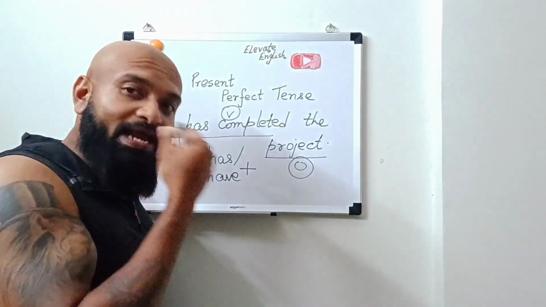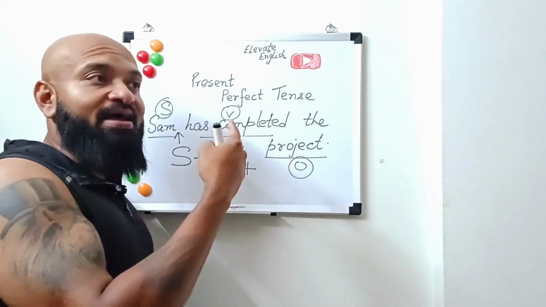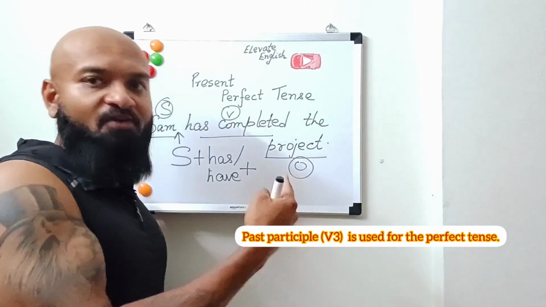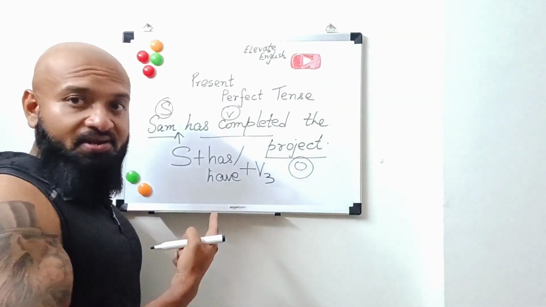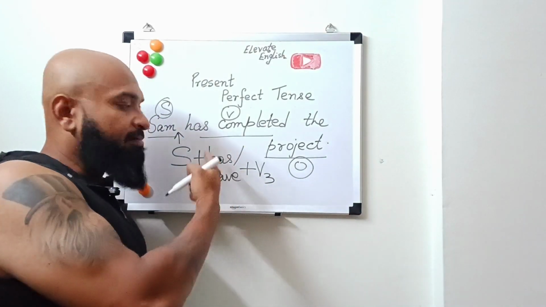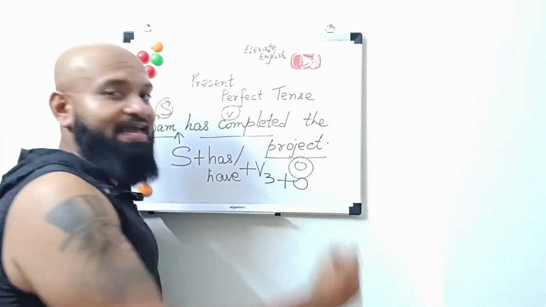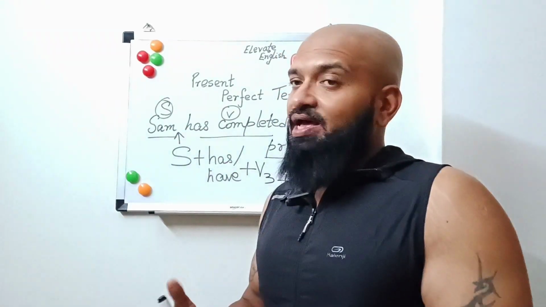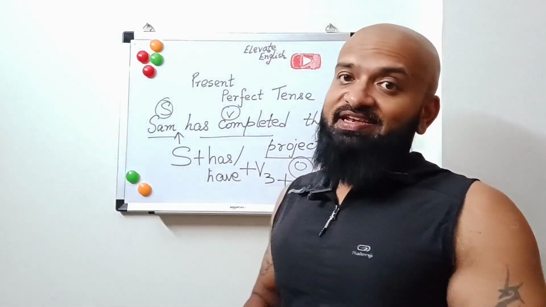Which form of the main verb is this? V1, V2 or V3? It's the third form known as the past participle form of the verb. So, do you look at the equation? Subject plus has, in this case it's has, so subject plus has plus V3 plus the object. That's the formula for framing sentences in the present perfect tense.